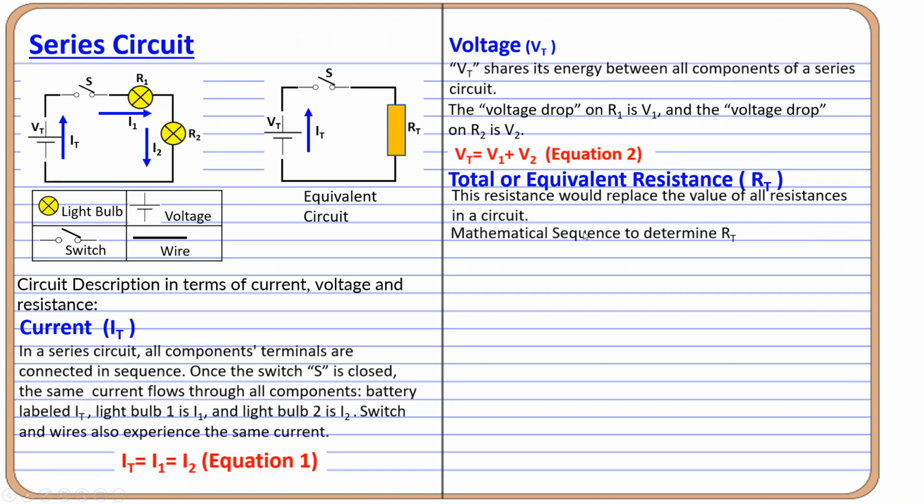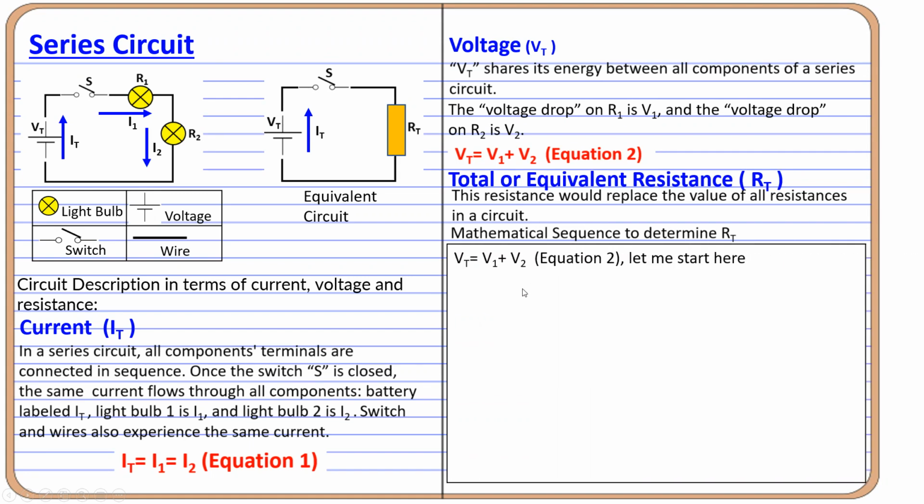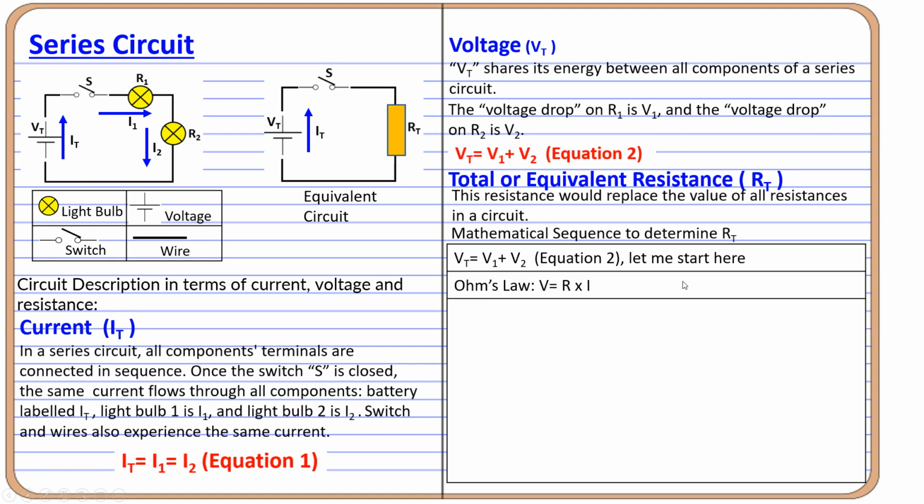So the mathematical sequence to determine RT is this. First, we are going to start with equation 2, which is VT is equal to the voltage drop on each light bulb in this case. Now we are going to use Ohm's law that states that the voltage is equal to the resistance times current.